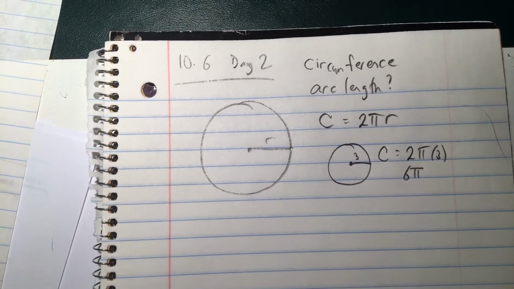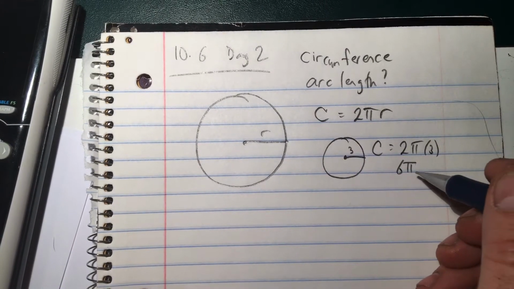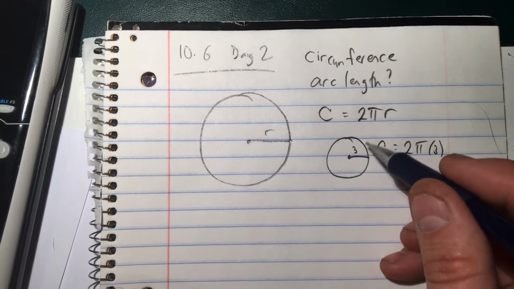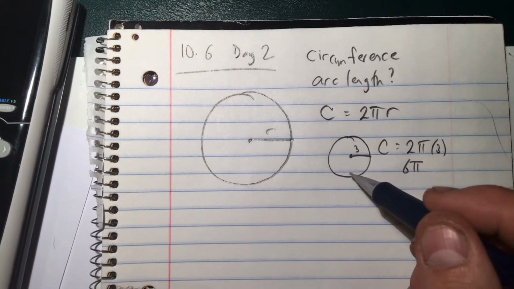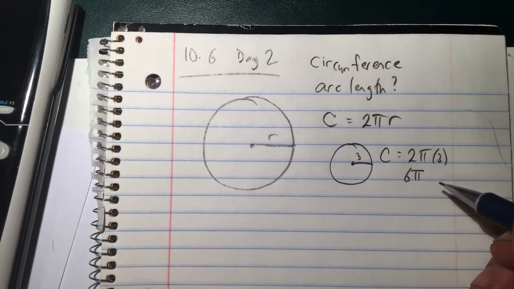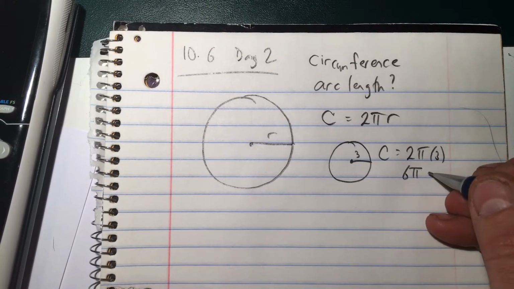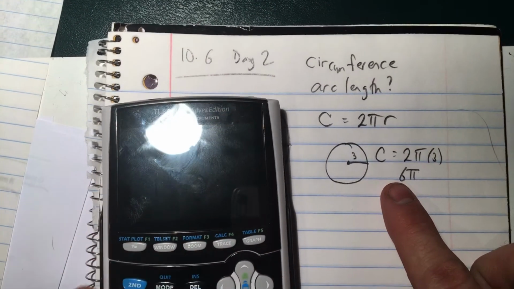So what we're going to do is talk about what that means. And you say, well, 6 pi, what if I need some tubing to go around my circular garden bed? I'm going to go down to the Home Depot and say, hey, give me 6 pi feet of fencing material. They'd ask what I'm talking about.